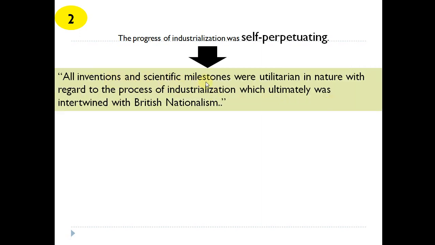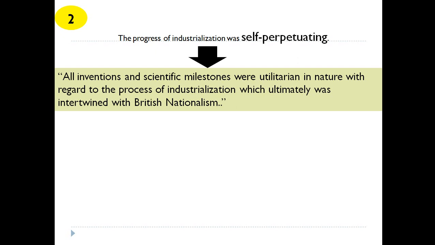All inventions and scientific milestones were utilitarian in nature with regard to the process of industrialization, which ultimately was intertwined with British nationalism. Now imagine a nation state which is controlling a colony as large as India, British India.